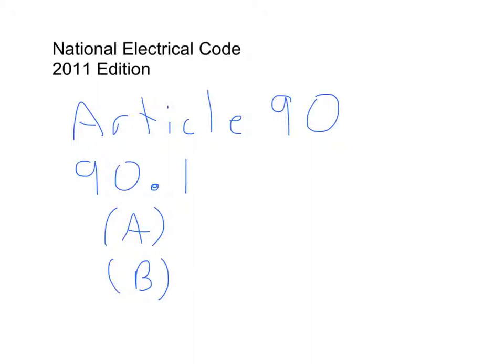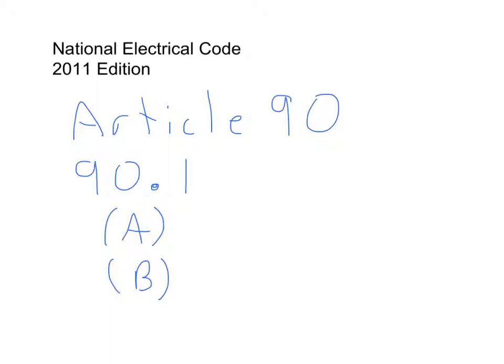So what it's saying is that if you follow this code book, the installations that you make will be safe. But it goes on to say that the installation will be free from hazard, but not necessarily efficient, convenient, or adequate for good service or future expansion. It will be safe, but it may not meet these other requirements.